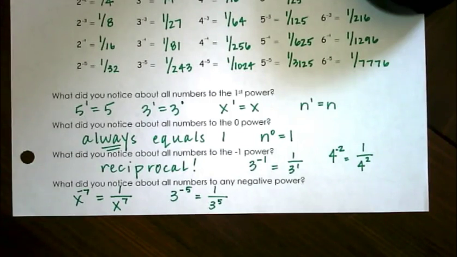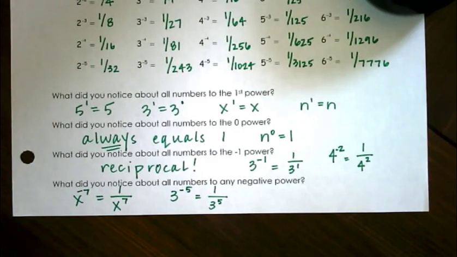And then when something had the negative first power to it, it was always 1 over that number. So what I want you to notice is that any number that had a negative exponent ended up being a fraction with that answer in the denominator.